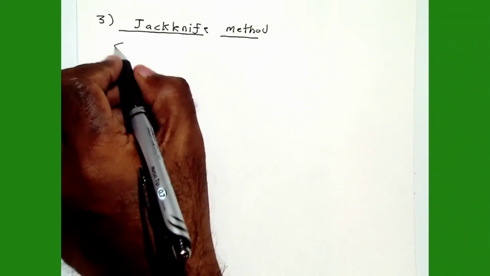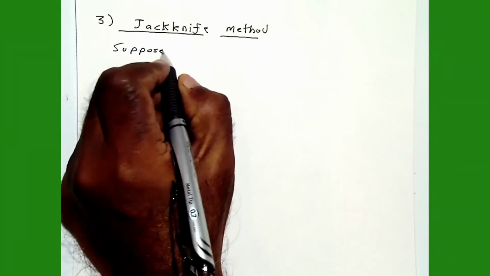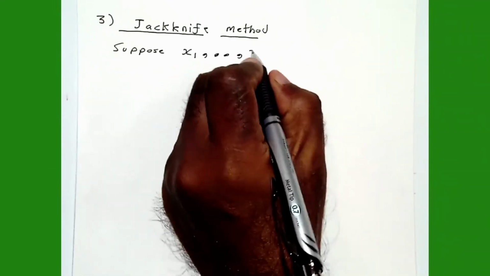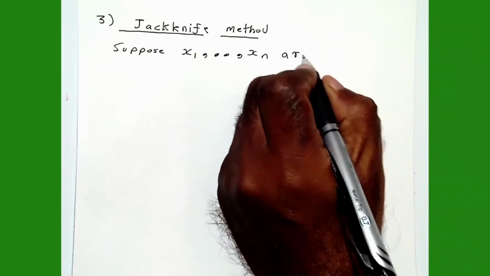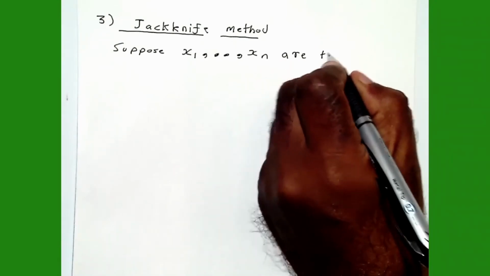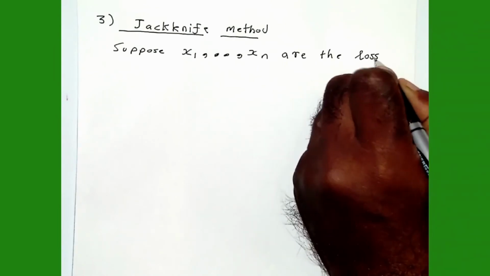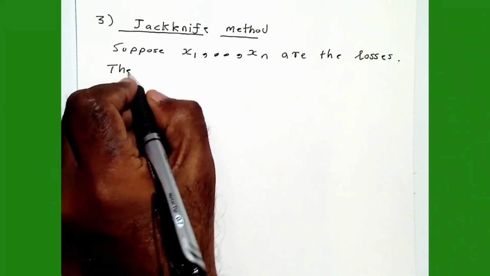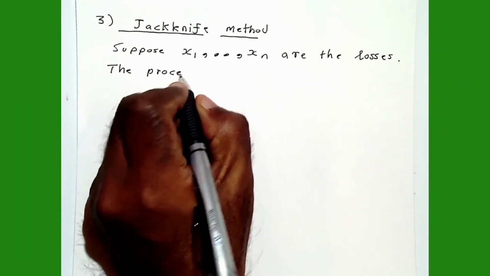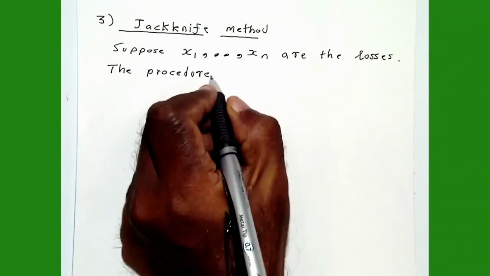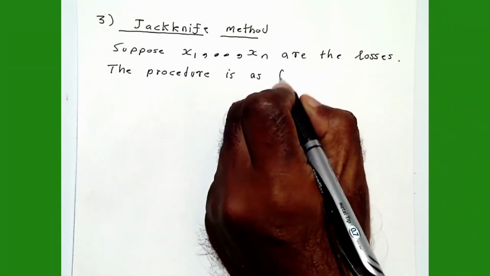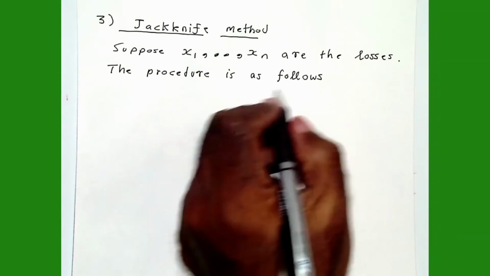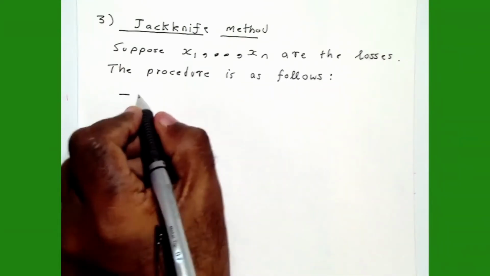So suppose one more time that these are the losses. The procedure is as follows. The first step is to use the historical method.